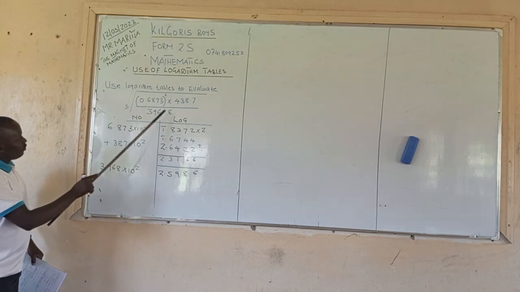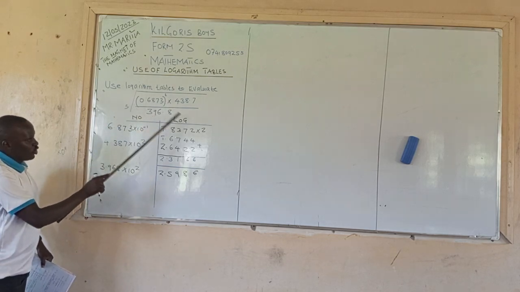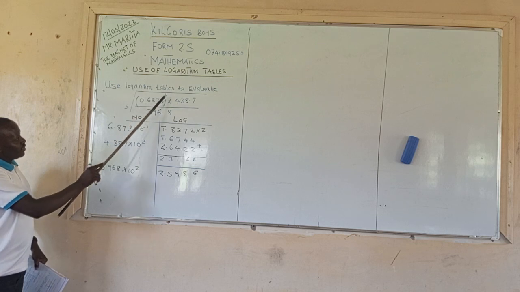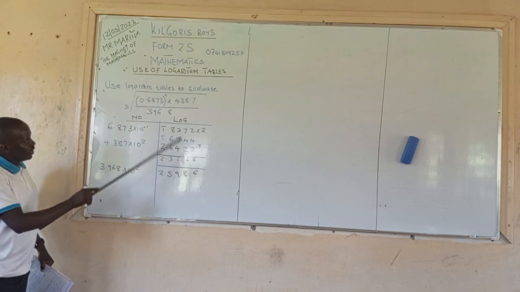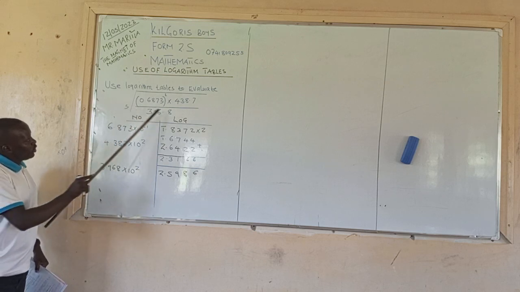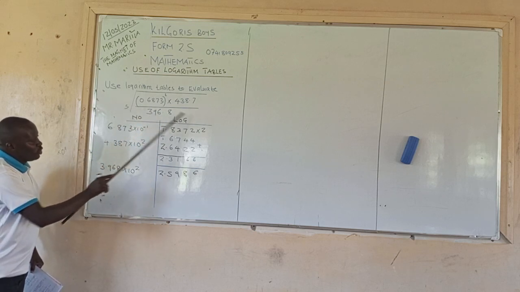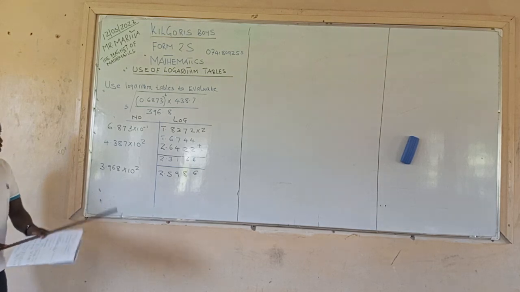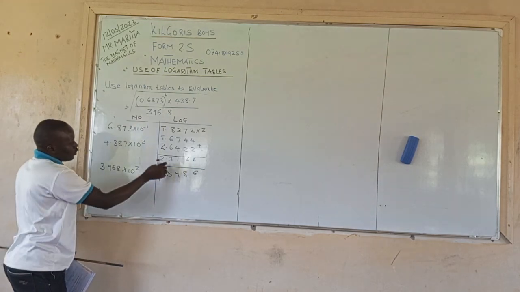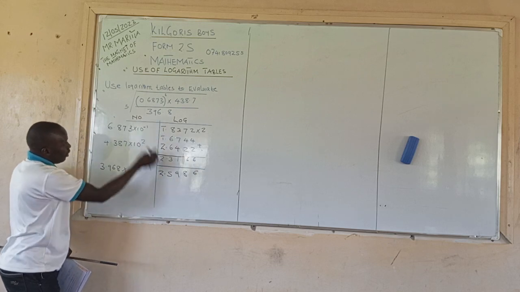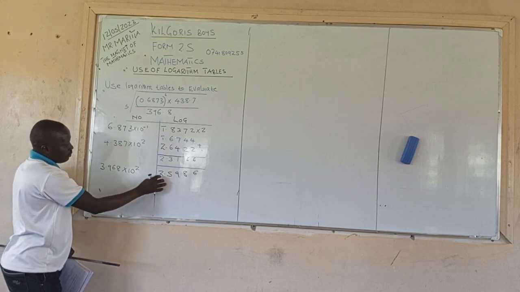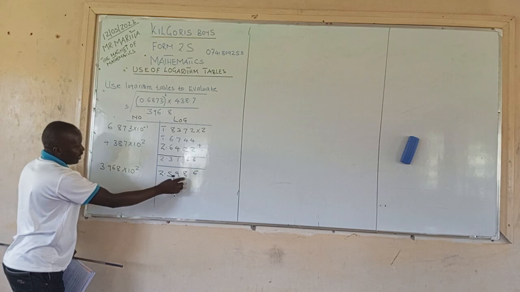Now, there is another thing that you need to know here. With multiplication, we add the logarithms. When a number is raised to a given power, you multiply the logarithm of the number by the power. When we have division, it changes into subtraction. So from the upper part we have 2.3166, and from the lower part we have 2.5986.